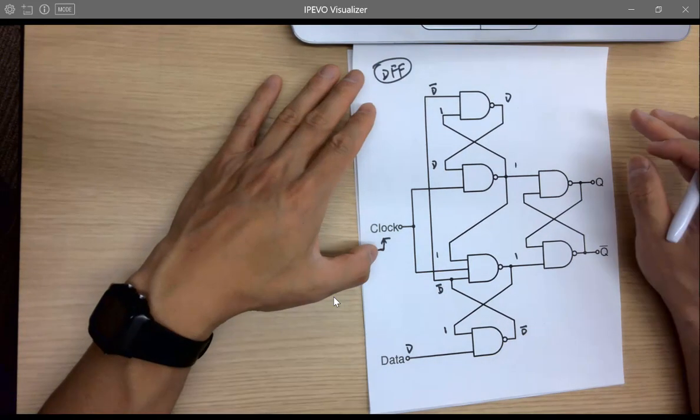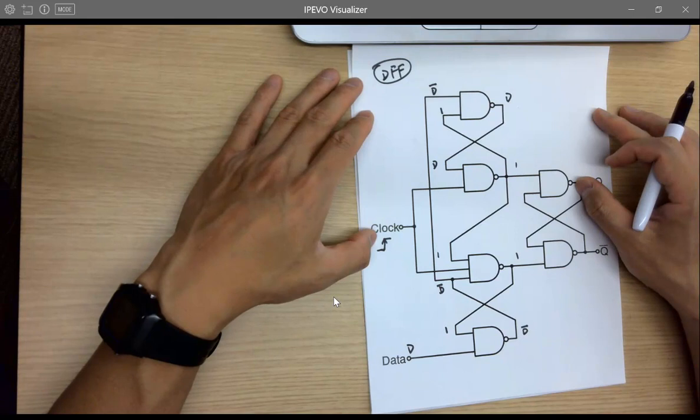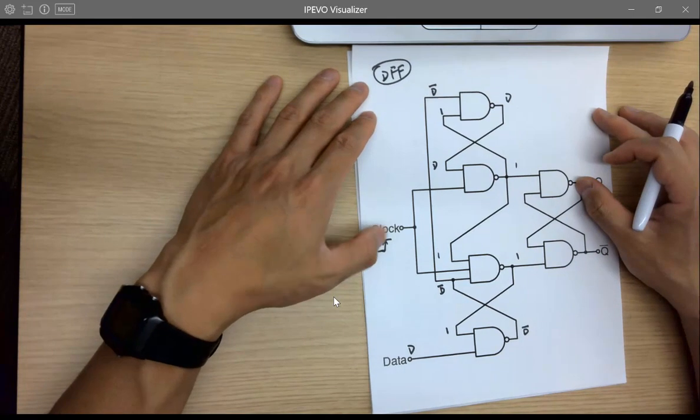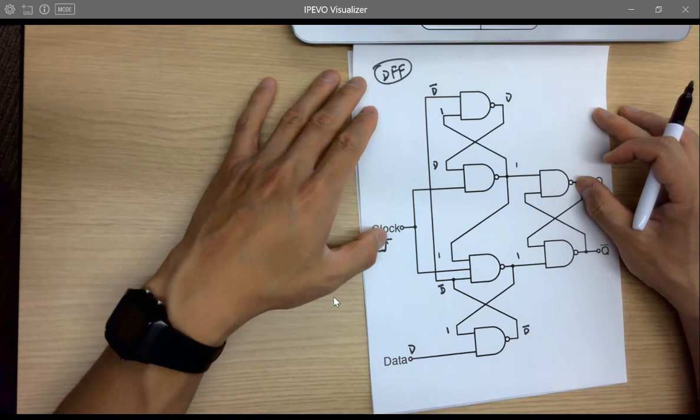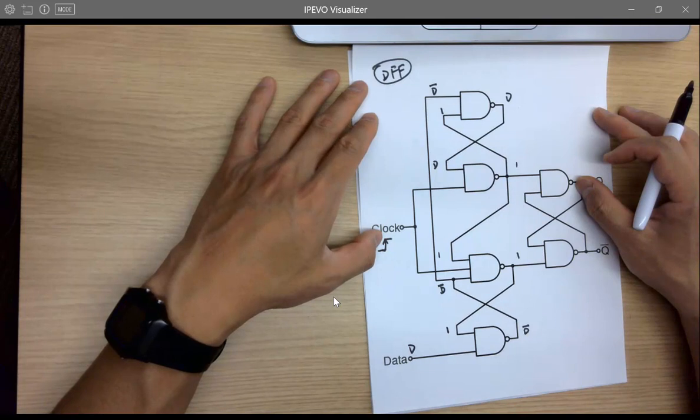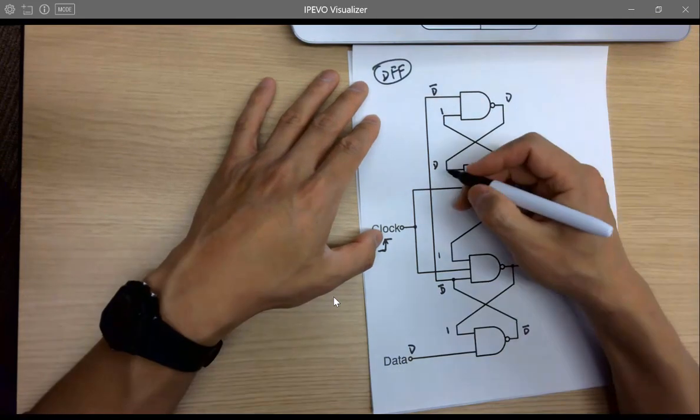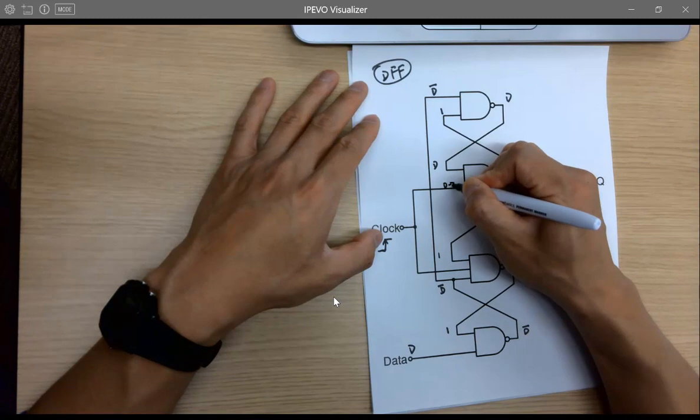So next, as a rising edge. So we are treating the rising edge as a really fast 1. So actually, at the rising edge, it becomes 1. So clock becomes 1. So this one from 0 to 1.